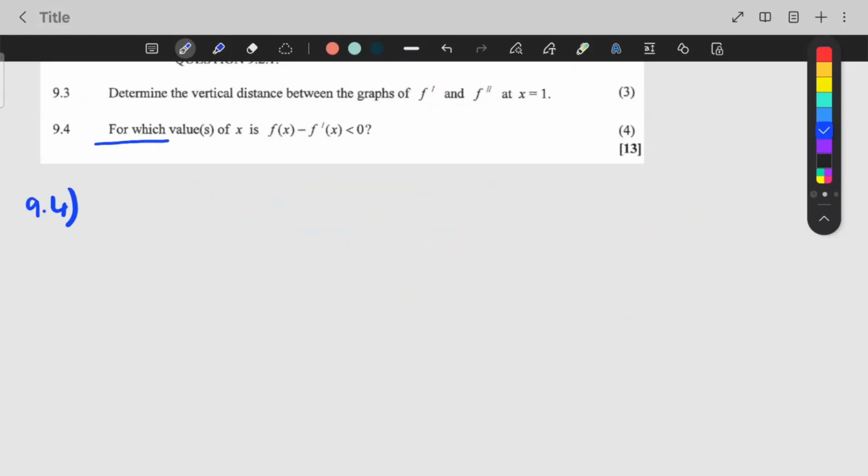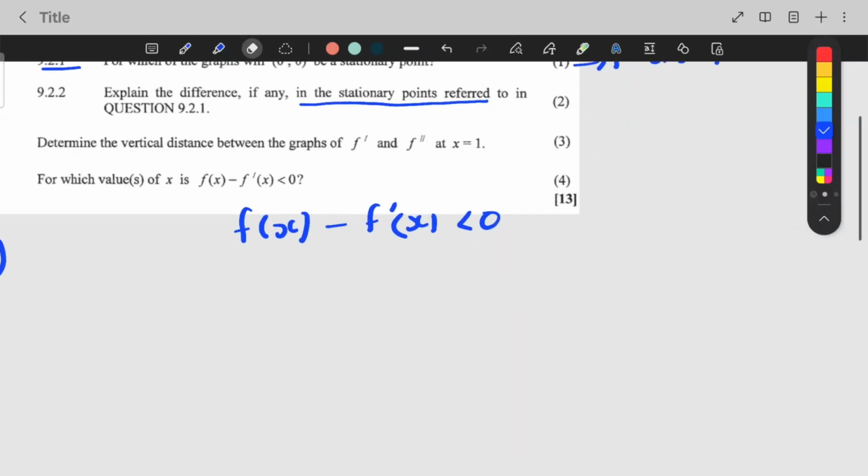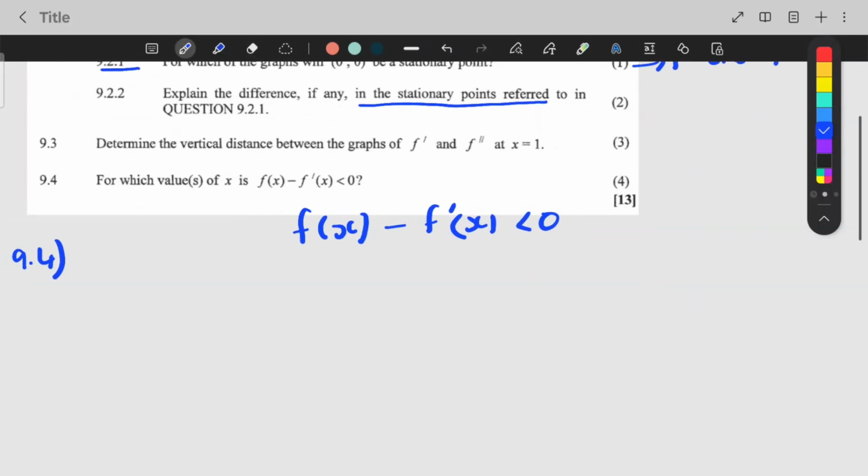That is the vertical distance. 9.4 says, for which value or values of x is f of x minus f prime of x less than 0? So for which values of x is the cubic function minus the parabola less than 0? Okay, so how can we do this? What I would do here is rewrite this question: where is f of x below the derivative?